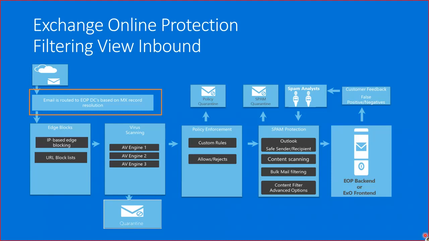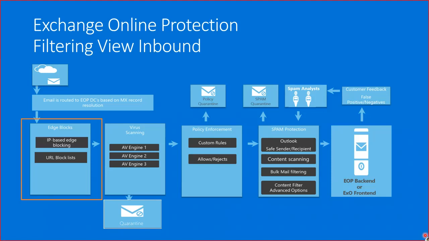So email will always get routed to that specific data center when an email is sent to an Office 365 mailbox. Once the message is received, it is scanned against the IP block list and URL block list. In Office 365, we utilize two block lists at all times. One is maintained by Spamhaus, and the other is our own internal block list, which we use to evaluate the reputation of the sender.